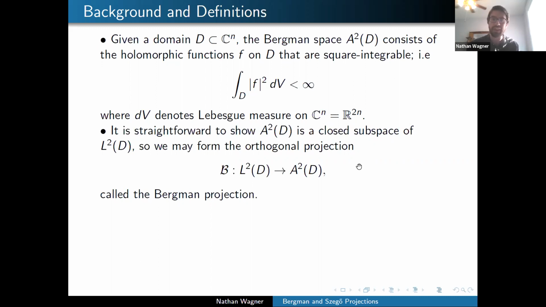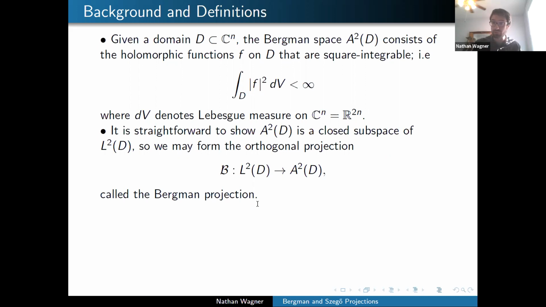So you can use that plus Holder's inequality, and that will basically give you that the pointwise values of your function are controlled by the L2 or A2 norm, which would just be the square root of this quantity above, the usual 2 norm, on a compact set. And so then you can show that you have uniform convergence on compact sets, and that gives you that A2 is a closed subspace of L2.